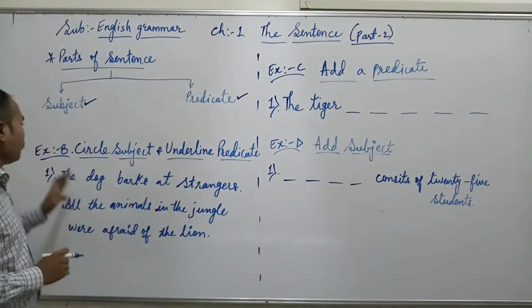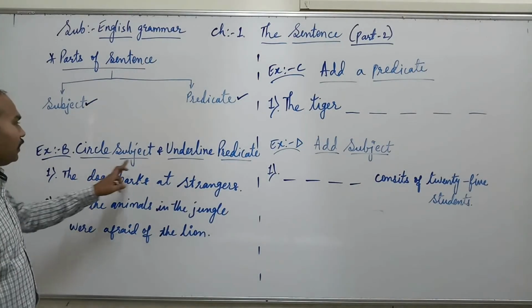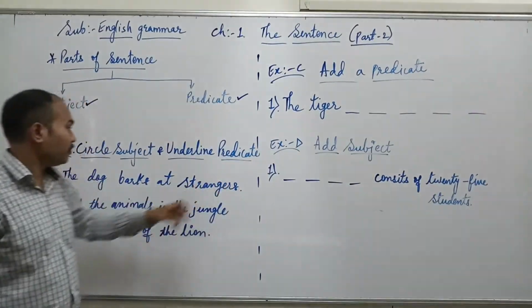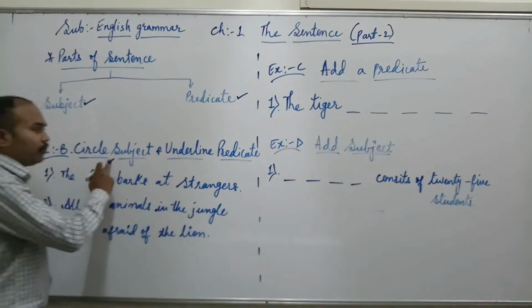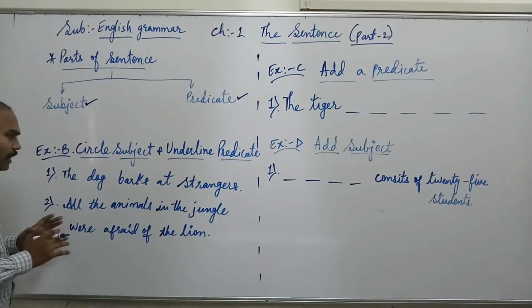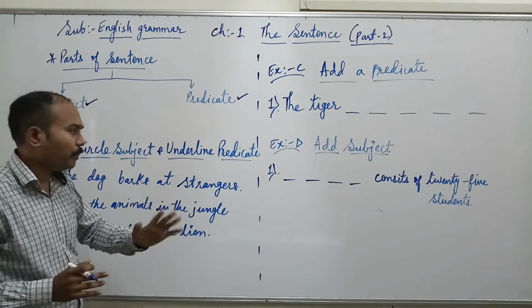Now let us identify the subject and predicate. For that, we will do exercise number B here. Exercise number B is about circling the subject and underlining the predicate. For that we should be able to identify the subject and the predicate.